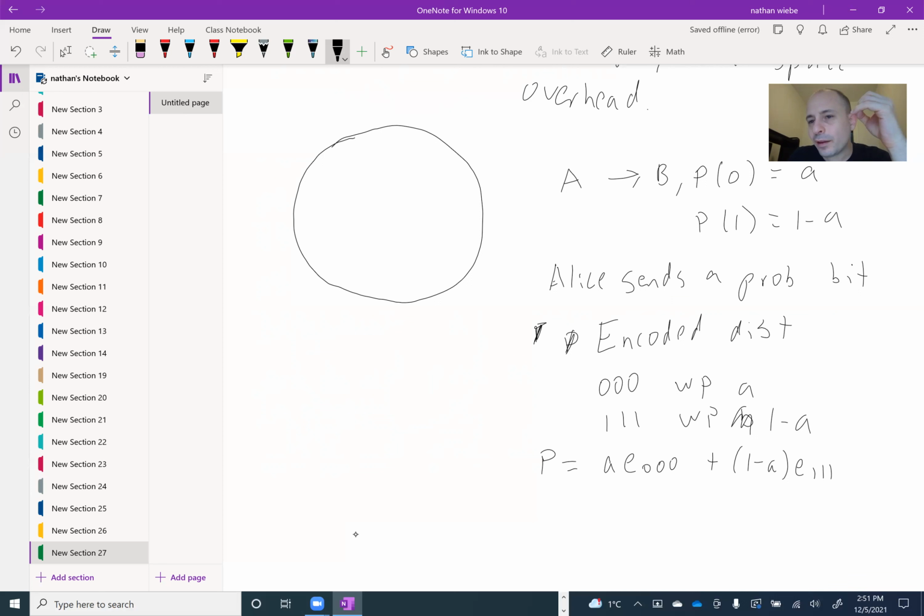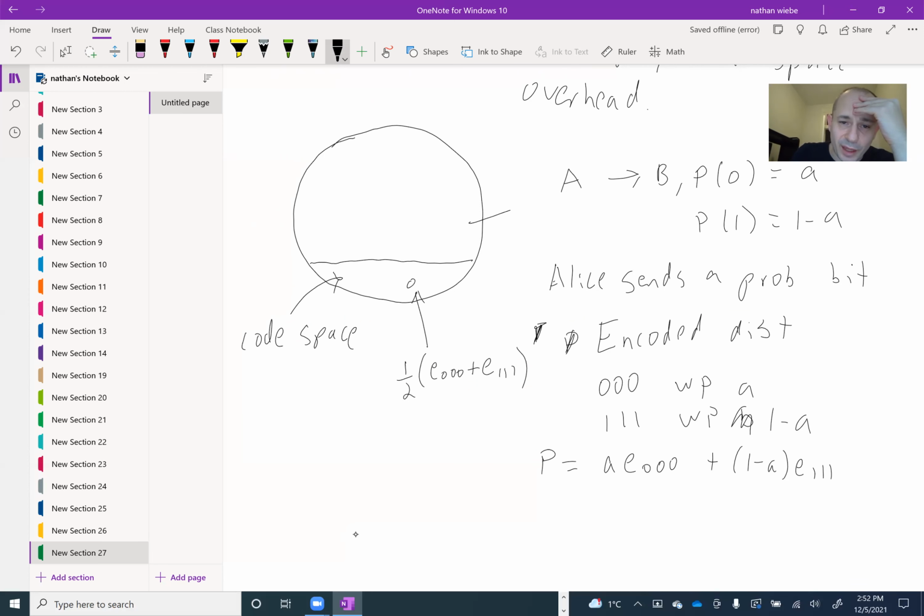And then all valid probability distributions would sit inside this vector space, this code space. So for example, we might have some particular probability distribution, which would be 1/2 e_000 plus 1/2 e_111.